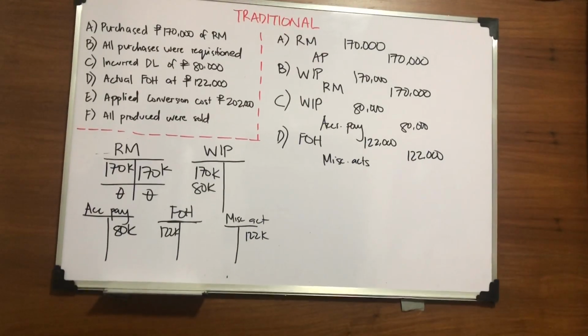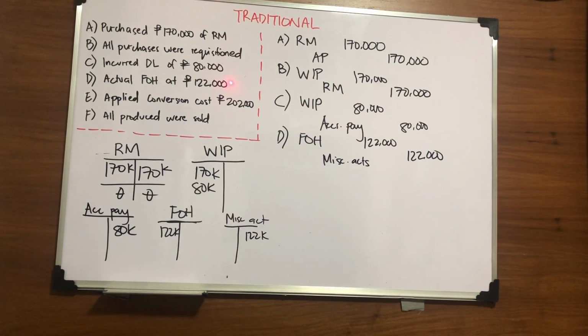So when you hear the words applied conversion cost, it should be recognized in the work in process account. Since the 202,000 is composed of direct labor and factory overhead, and the direct labor has already been recognized in work in process in your letter C. See, we already debited it to work in process.